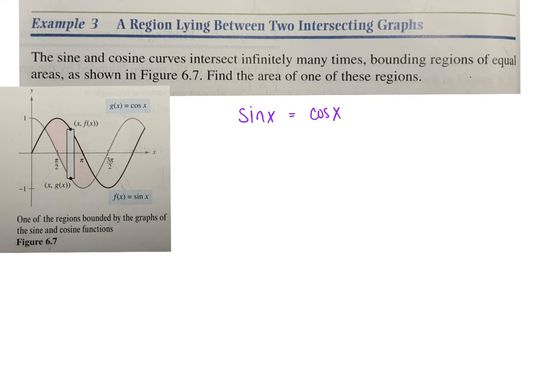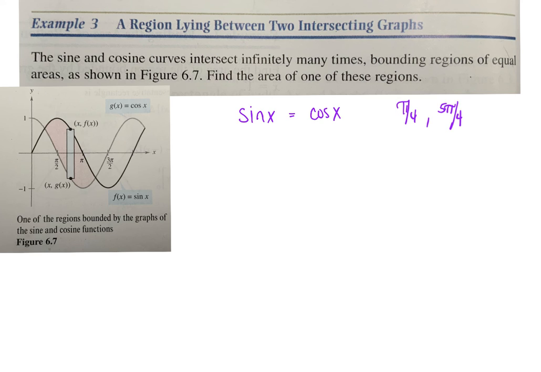The other way you can do this is you can divide both sides by cosine, and you could say, where is the tangent equal to 1? And that's at pi over 4, square root of 2 over 2 for both of them, and 5 pi over 4, third quadrant, where they're both negative. And so that's going to happen at these 2 places, and so we're going to find the area between these 2 places.